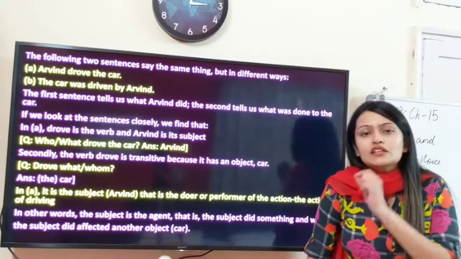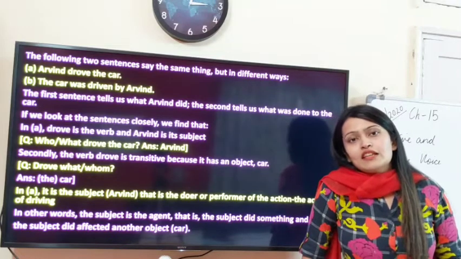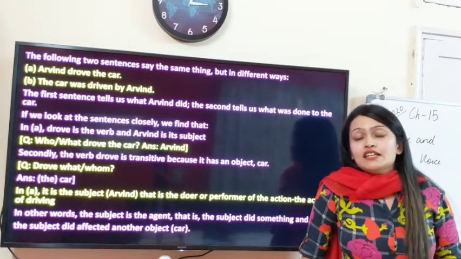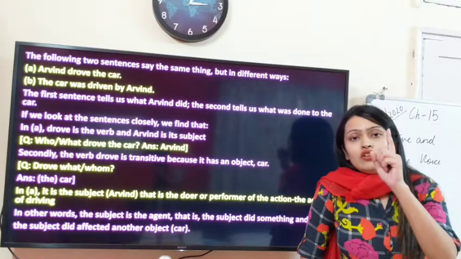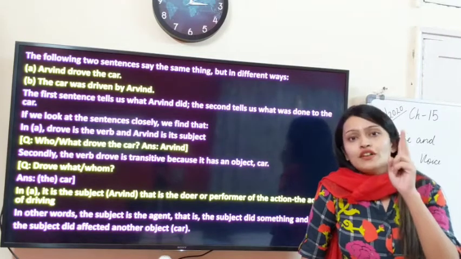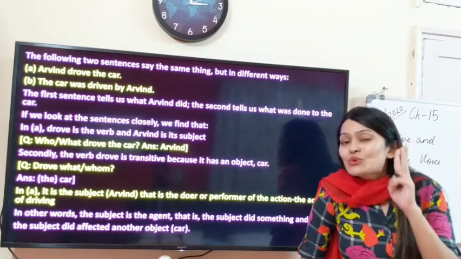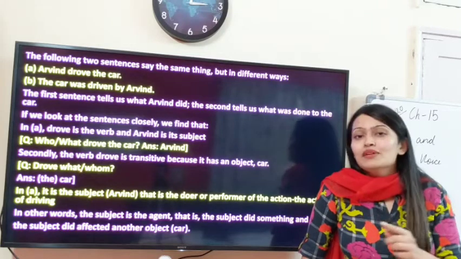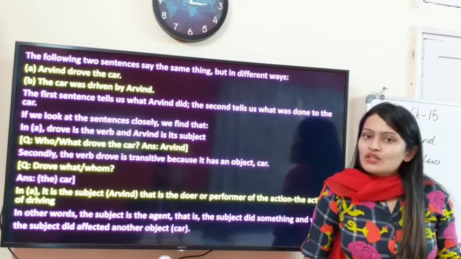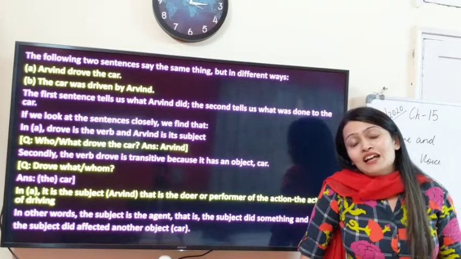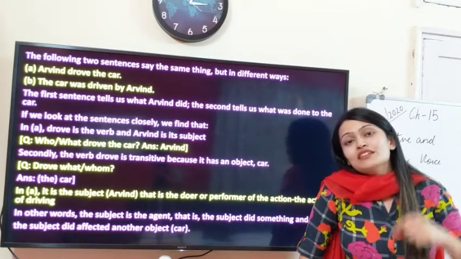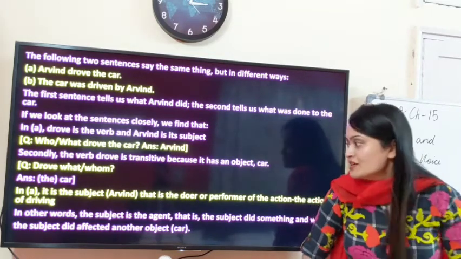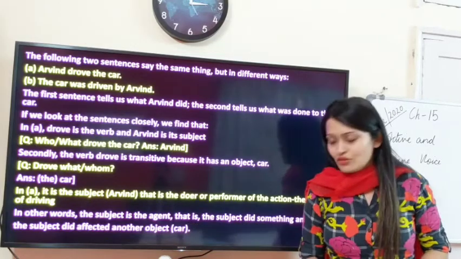Okay, so overall they are trying to explain, children, that if it is an active sentence, there is an agent. Agent meaning doer. Doer meaning somebody is doing something. And in this example, Arvind is that subject, so it is an active voice. And the action that Arvind is performing is getting performed on something. What is that something? Car. Okay, children?